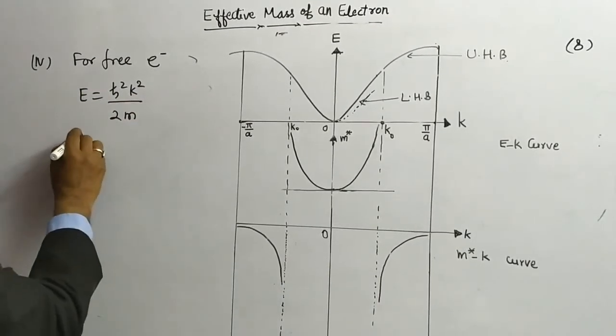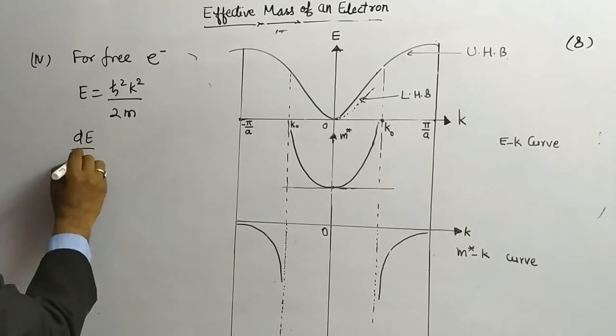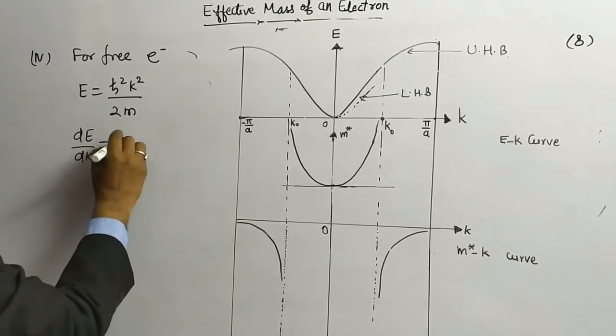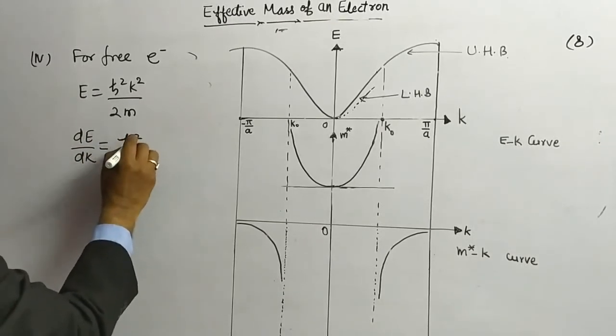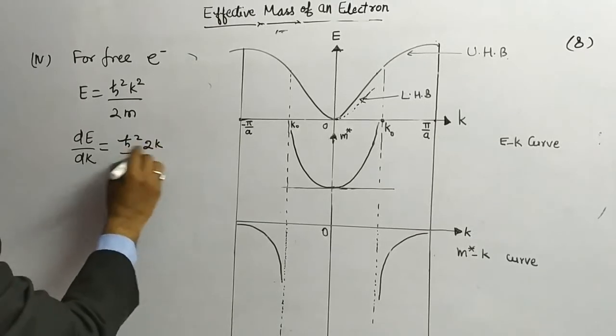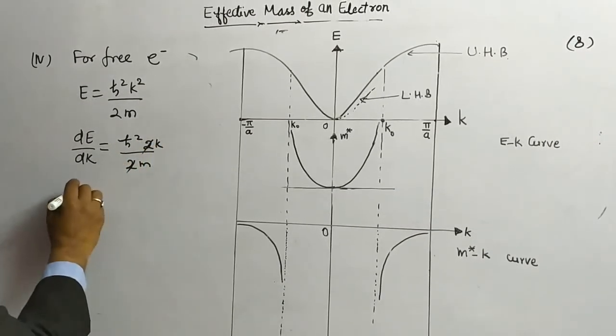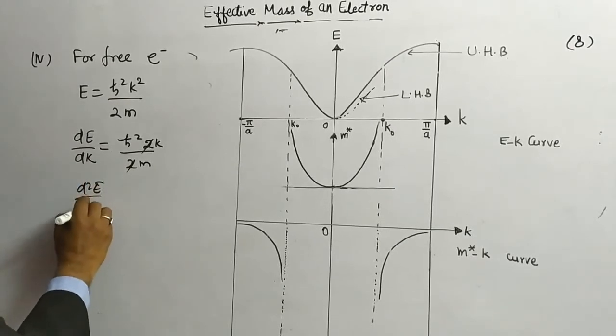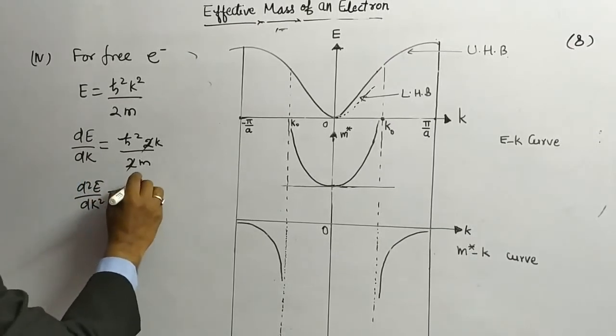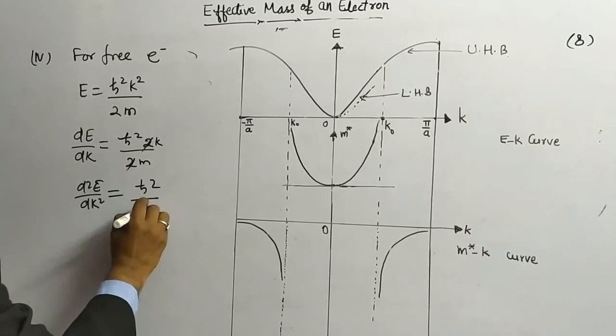If I differentiate it with respect to k, this will give me h bar square 2k upon 2m. The 2 gets cancelled out, and differentiating again with respect to k is going to give me h bar square by m.